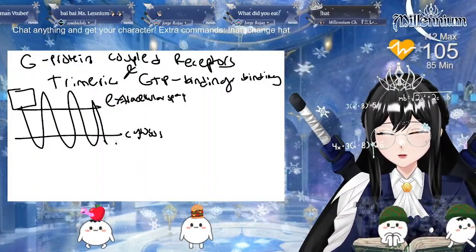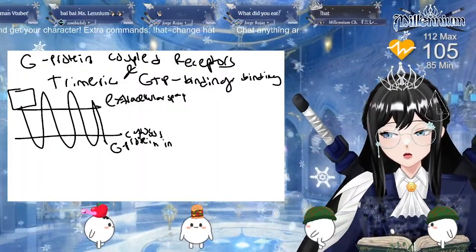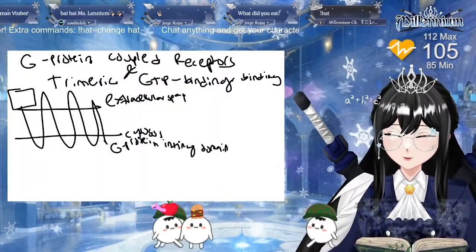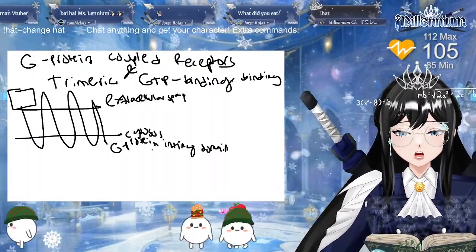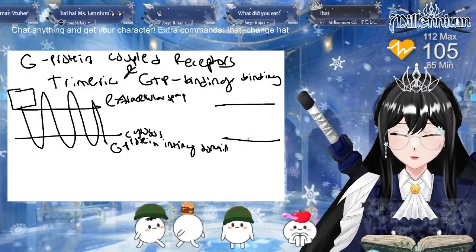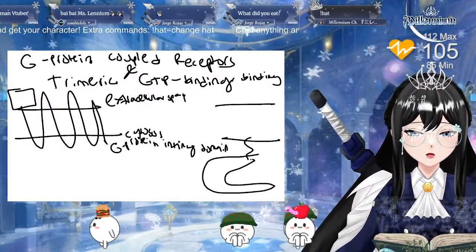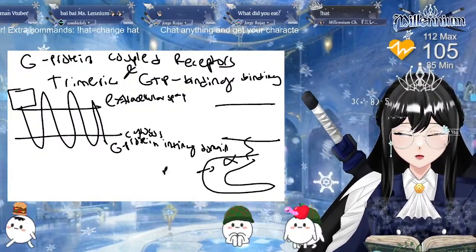And then this one is the G protein interacting domain. Now, at the other side, you have something that looks like this. Just floating. You have the alpha subunit of the G protein, aka this is the RAS domain.